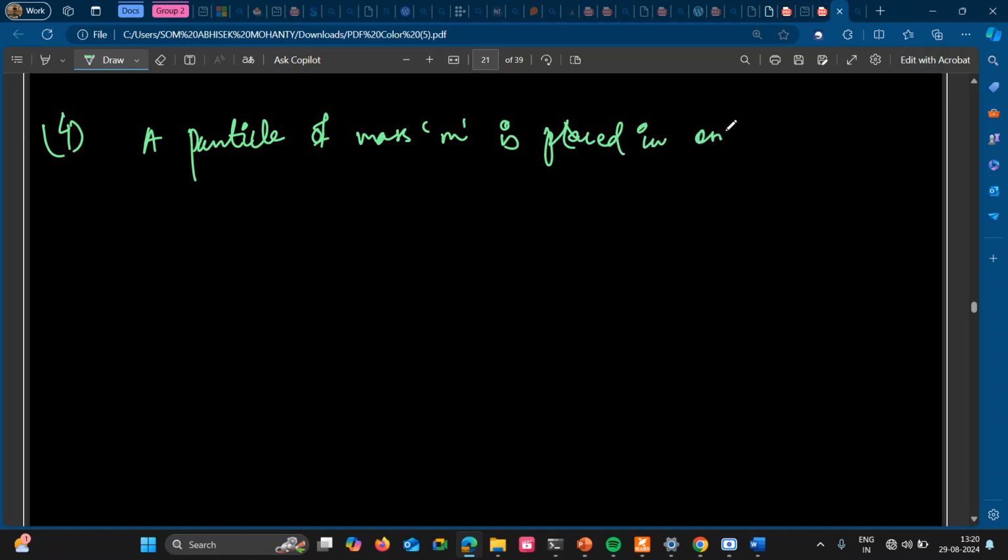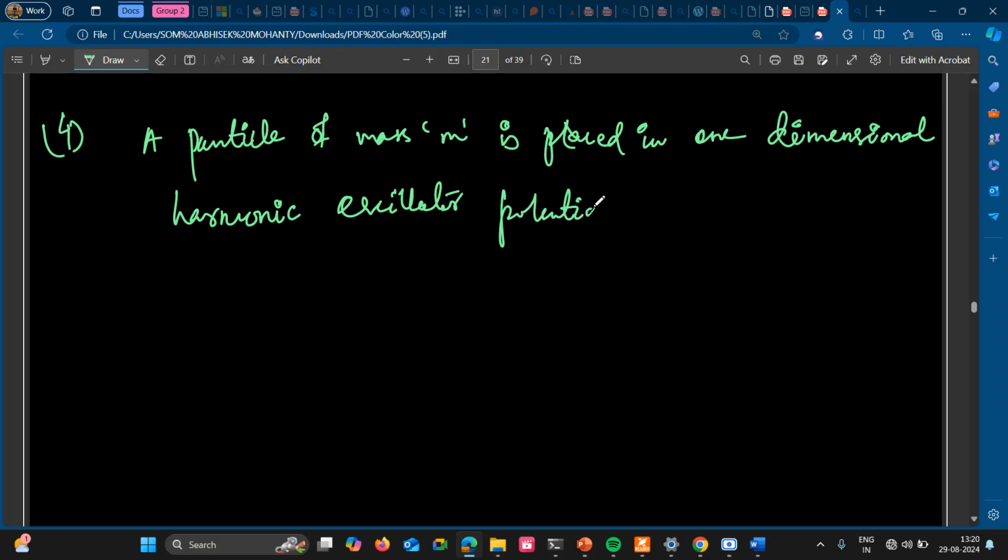A particle of mass m is placed in a one dimensional harmonic oscillator potential. What is it? V of x is equal to half m omega square x square.